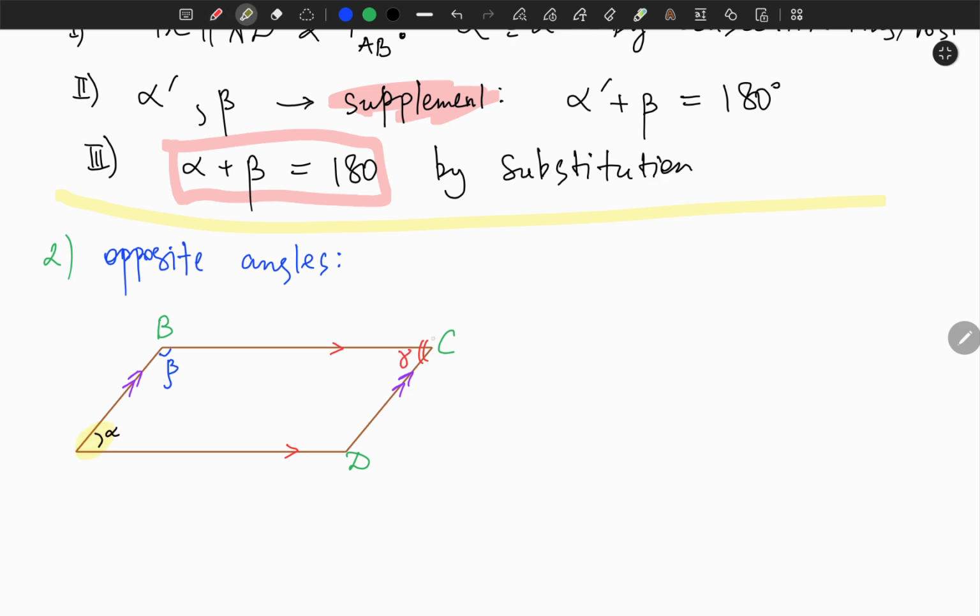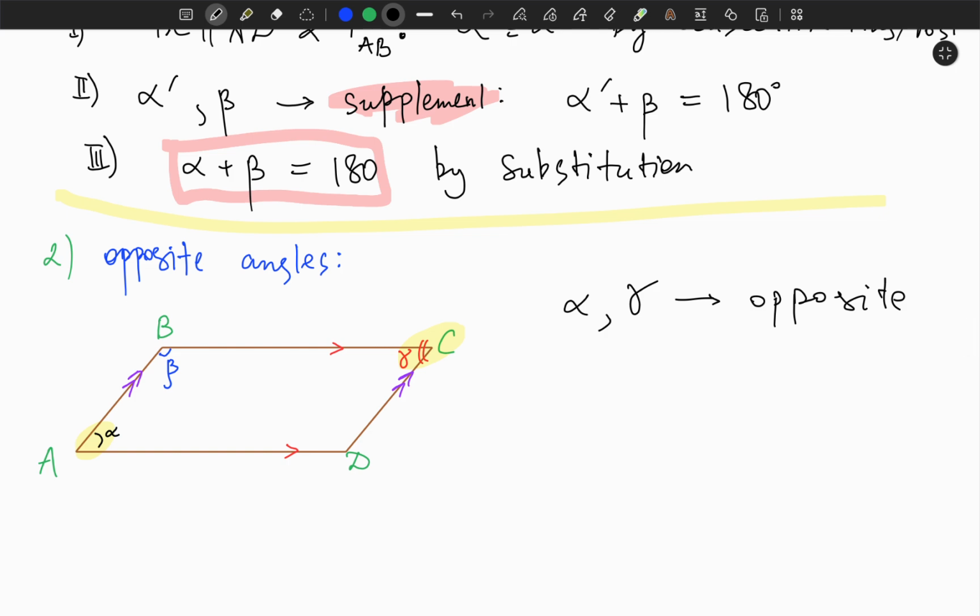Let's write down: these two angles, angle alpha at A and angle gamma at C, are opposite angles. How do they relate to each other?